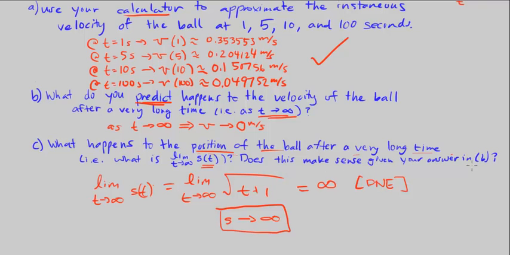So does this make sense given your answer in part B? Well, not really. Because if my distance keeps growing, getting bigger and bigger, but my velocity is getting smaller and smaller to 0, if my ball stops moving, how does my distance keep growing? Not really right away.